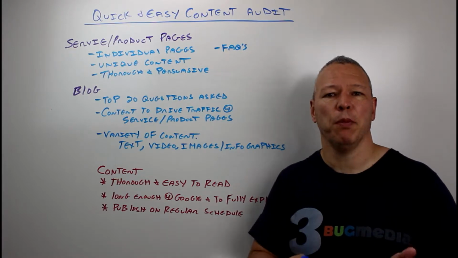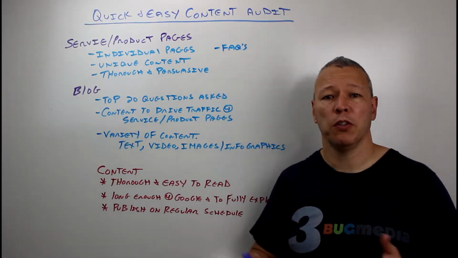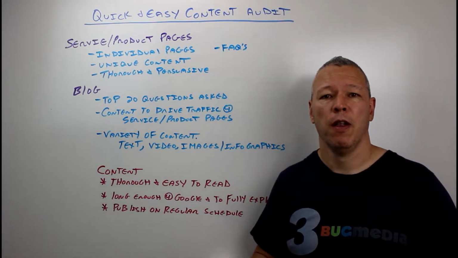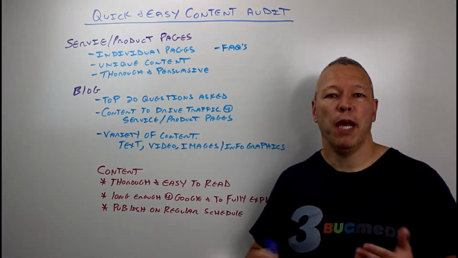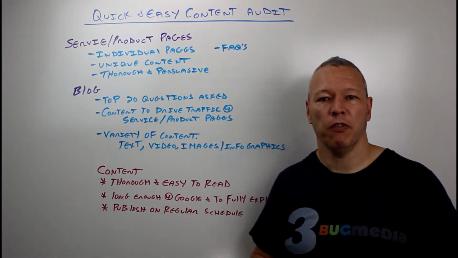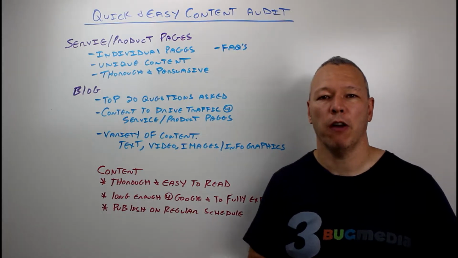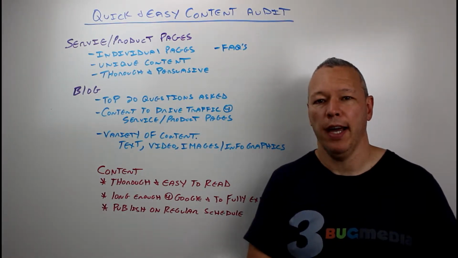To give you an example, if you are a mortgage company and you're writing a blog post called "What is a mortgage and how does it work?" you may get traffic for that blog post, but you'll never get a customer for it, because if somebody doesn't even know what a mortgage is, they clearly are not ready to buy one yet.